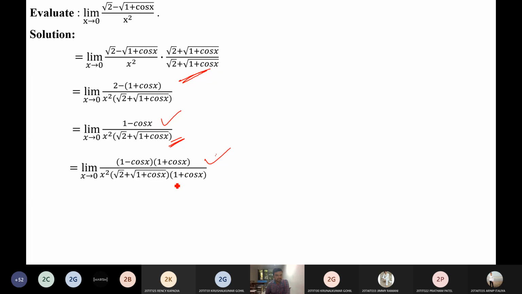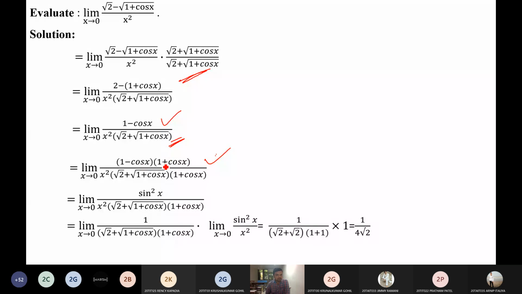So we have (1 minus cos x)(1 plus cos x), which is 1 minus cos squared x, which is sin squared x. In the numerator sin squared x, and the denominator x squared into (root 2 plus square root of 1 plus cos x) into (1 plus cos x).